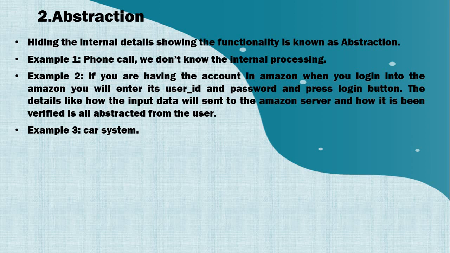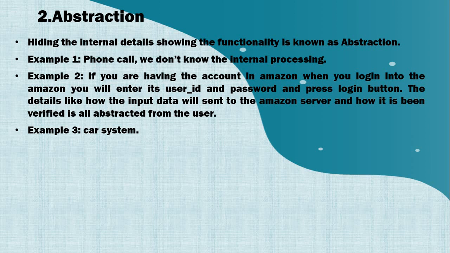Next one is the car system. The car itself is considered a well-defined object which is composed of several smaller systems like the gearing system, steering system, and engine, which in turn have their own subsystems. But their details will be hidden from the user.